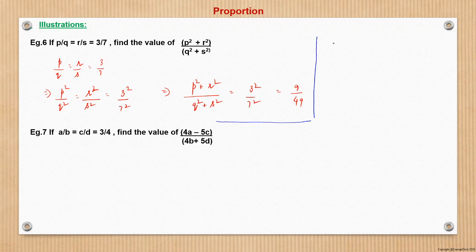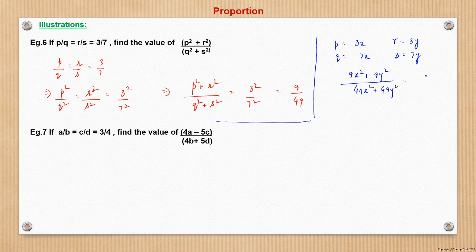So I can write p as 3x, and q as 7x, r as 3y, and s as 7y. So p square is 9x square plus r square is 9y square upon q square is 49x square plus s square is 49y square.